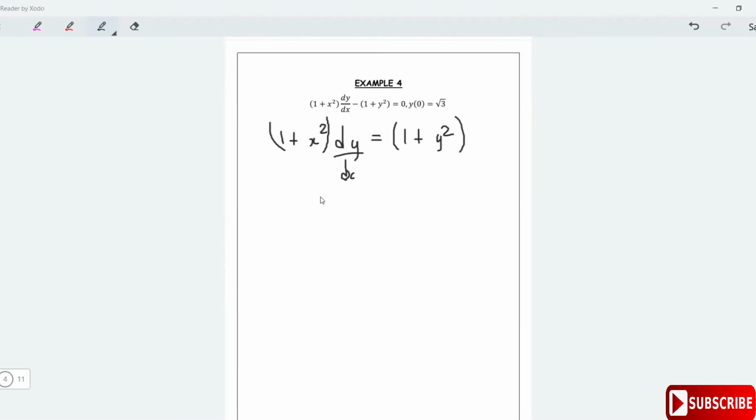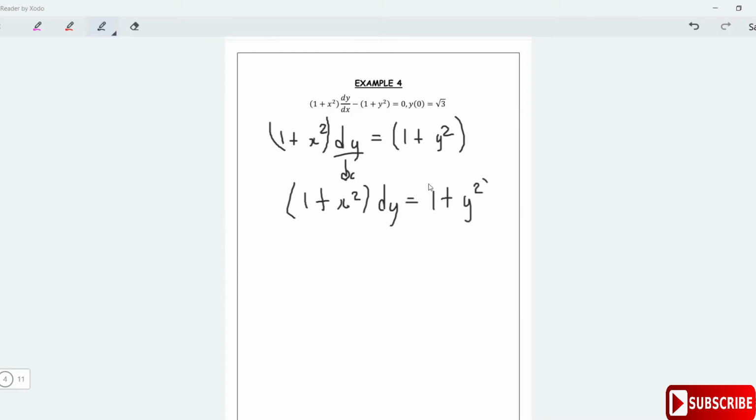By cross multiplying dx, you're going to get (1 plus x squared) times dy is equal to (1 plus y squared) times dx. This is what we're going to have.